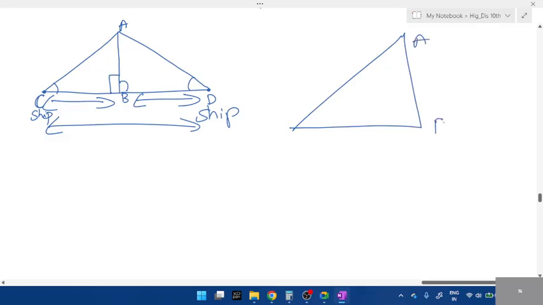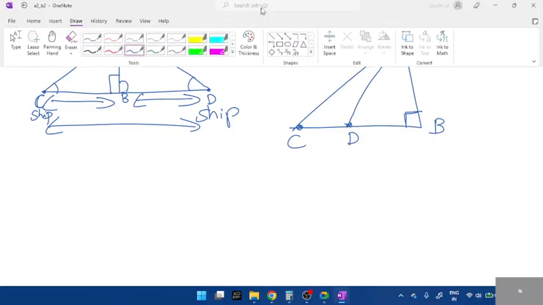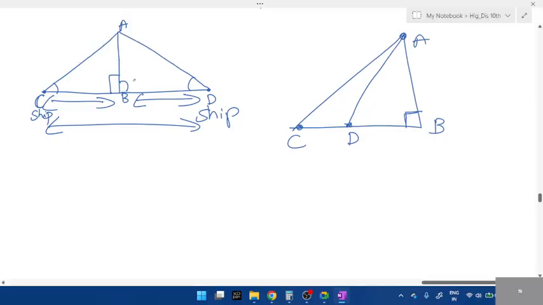Third type of question, same tower or ship, but there are two ships on the same side, not opposite, same side. So this is C and this is D. Okay, 90 degrees. See, first you need to find C to D, students. In this, both the triangles, how do you split the triangles here?